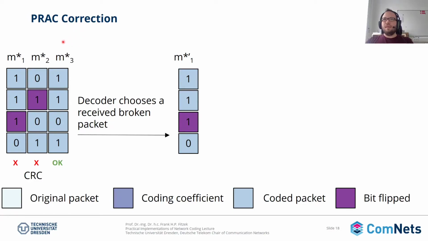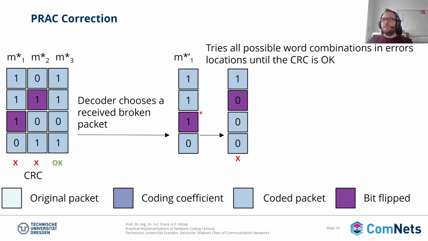And now the correction happens. The first step is to choose one of these packets that was received with errors. It could choose either of these two randomly. Let's say it chooses M1, and then it will do a brute force of bits. It will change the bits in the positions where it thinks there are errors, which would be this position and this position, and then compute the CRC again.